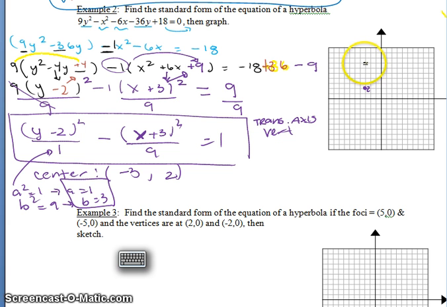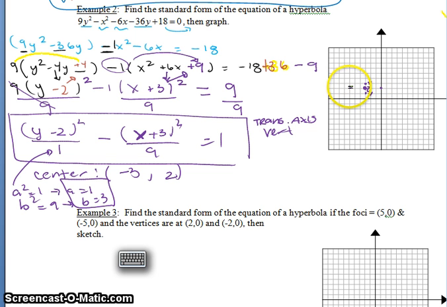So I know I go a units to my vertices, and my a is 1, so I go up 1 to get to my vertex, and I go down 1 to get to my vertex. And then my b is 3, so that tells me that I go left and right 3 to make my box. So I'm going to make my box 1, 2, 3 over.